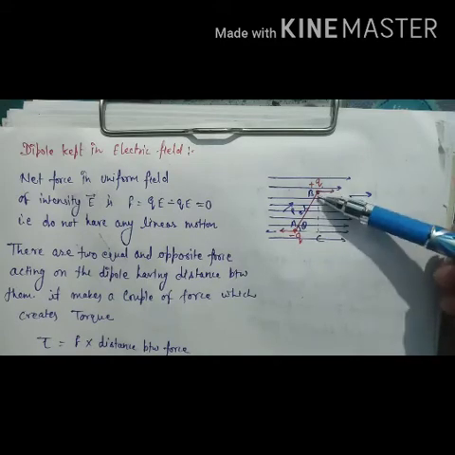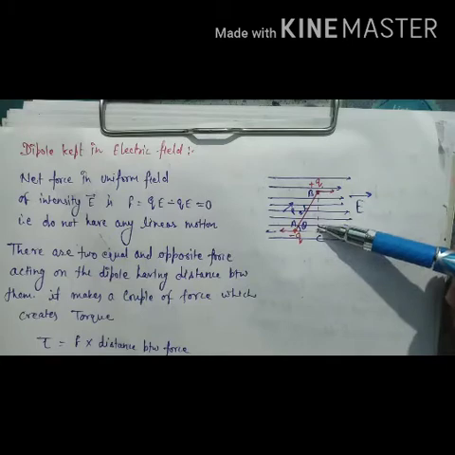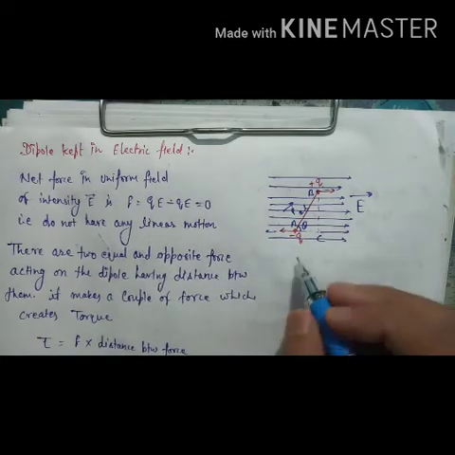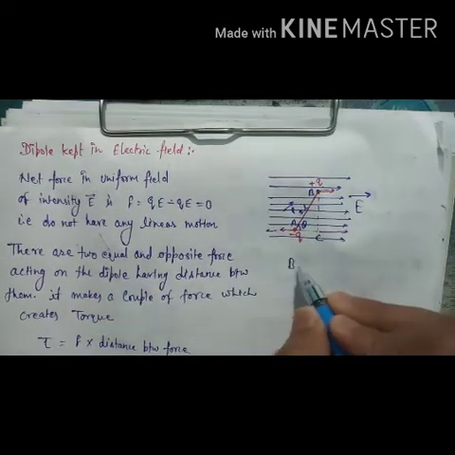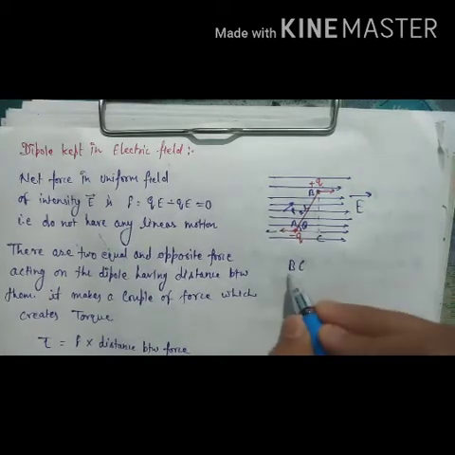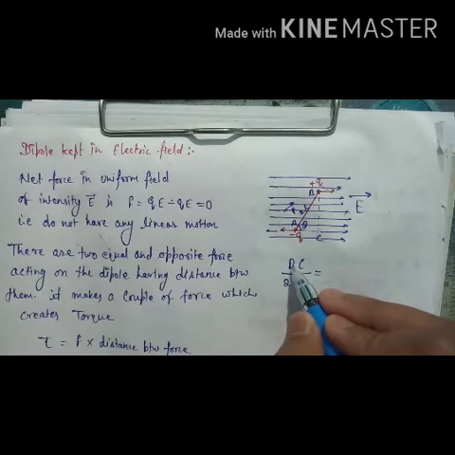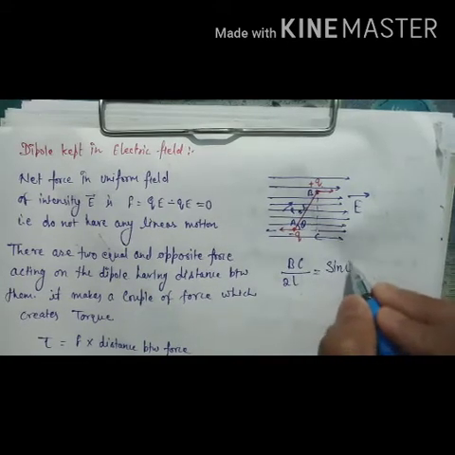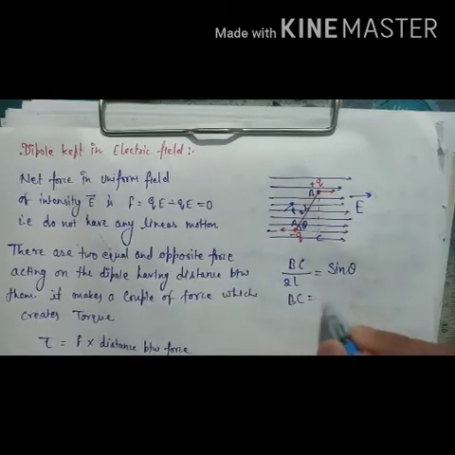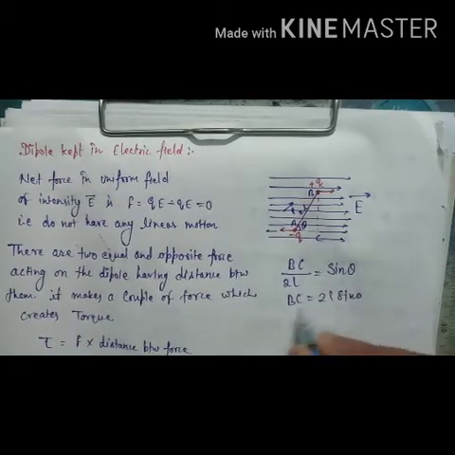Perpendicular BC, how much is this distance? We can find it easily from the figure. BC upon 2L, where BC is the perpendicular and 2L is the hypotenuse, is equal to sine theta. So BC is equal to 2L sine theta.